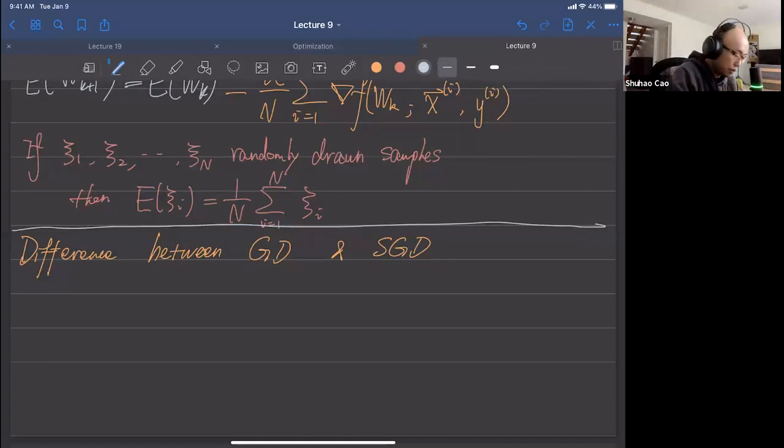So our loss function is in general written in this form. And our loss function is the average of the element-wise loss. For example, this loss function may be written as this.